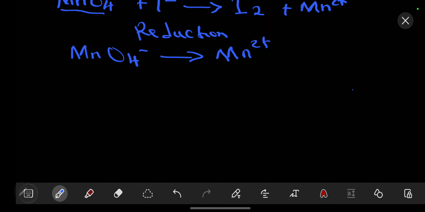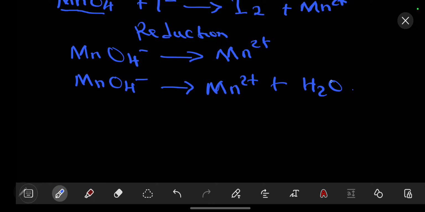With that established, since the oxygen is on the left hand side, we are going to add water on the other side, since there is no water that side. So MnO4 negative becomes Mn2 positive if I add water molecules here.